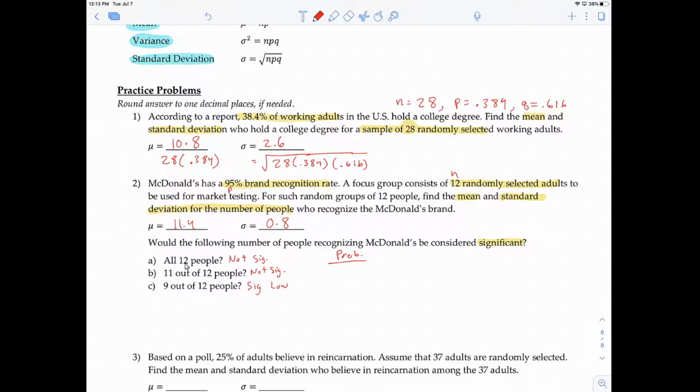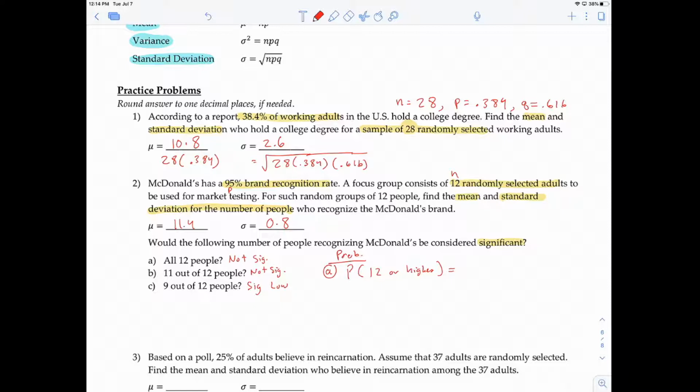So is 12 significantly high? 12 is higher than 11.4, but is it significantly high? We also know that to determine whether something is significantly high, we need to find the probability of that number or higher. Okay, so we've got to find the probability of 12 or higher.